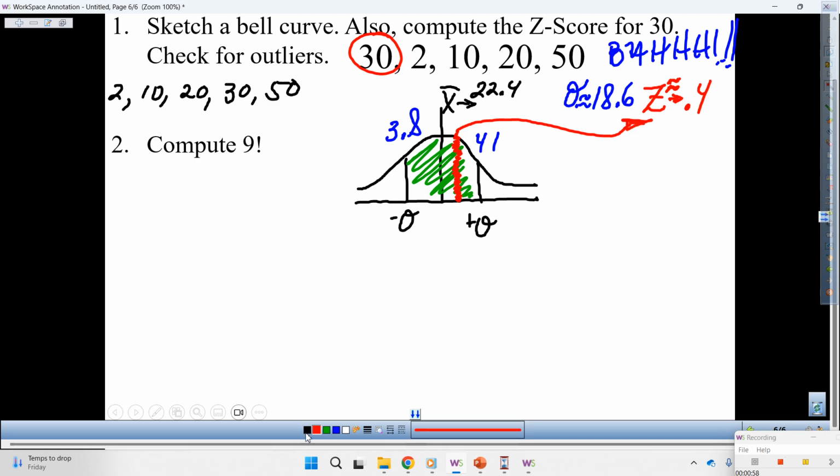All right. However, it's to check for outliers. Small outlier, large outlier. So, small outlier, quick formula is Q1 minus 1.5 times IQR. Large outlier is Q3 plus 1.5 times IQR.